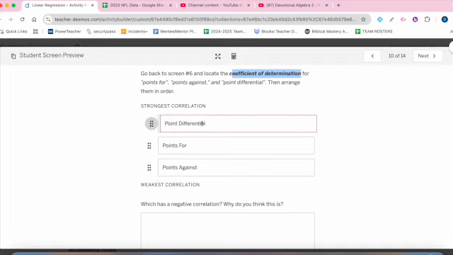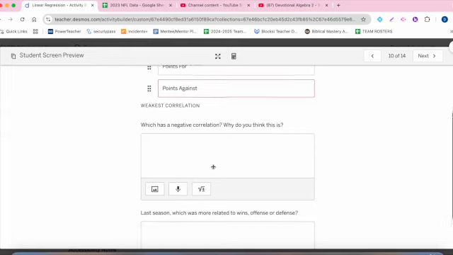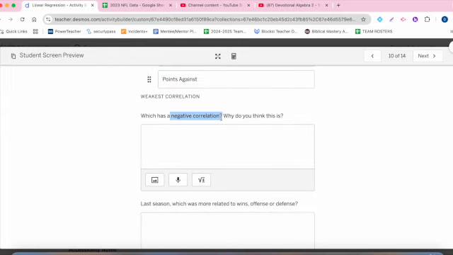And that was point differential. That's the most important predictor out of these three for how good the team is. Second was points for, the offense. And then the weakest correlation was the points against, the defense. Which one was negative? That was the points against, the defense, right? Because again, the more wins a team has, the less points they're going to allow against them.